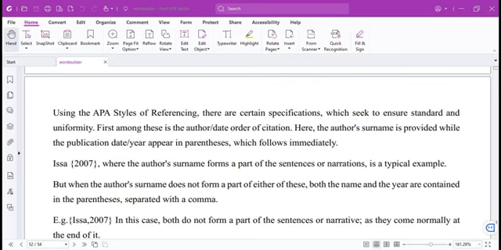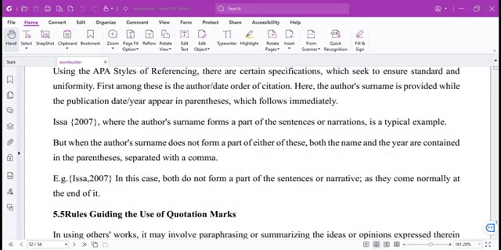So you need to be very careful about this, it is very technical. Know how to write the names and where to put in the years and all. The author's surname, not the author's first name. Take note of that. The author's surname comes in, then the year comes in parentheses.